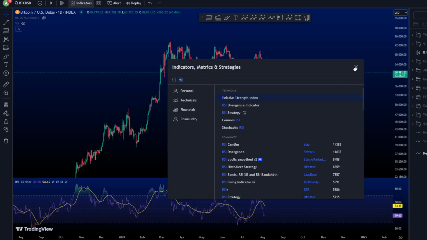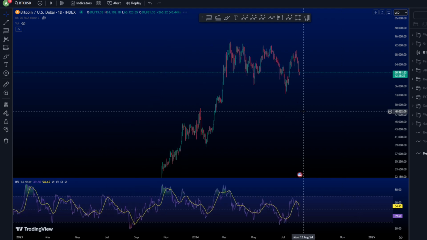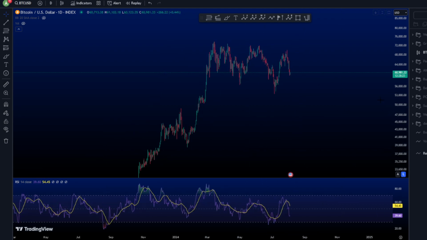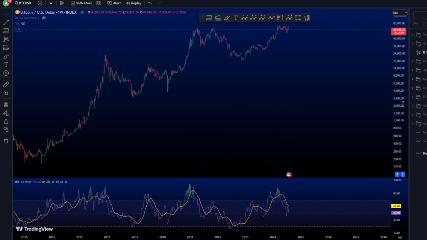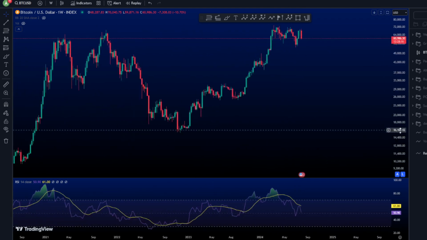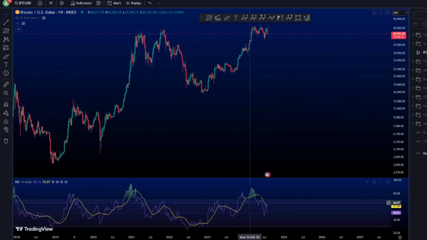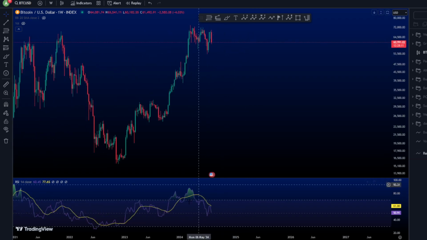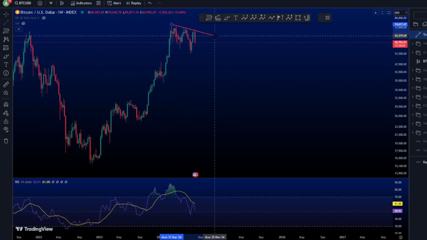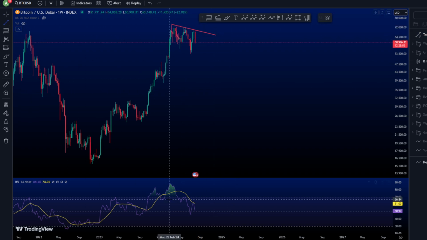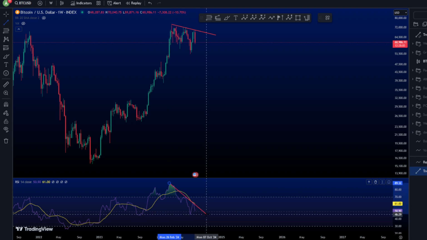So if we look at the RSI, what is going on? I'm going to start on the weekly. On the weekly chart, we can see clearly that we have an overbought scenario here on the indicator. What we see as well is that this inclination of the RSI is massively represented here.